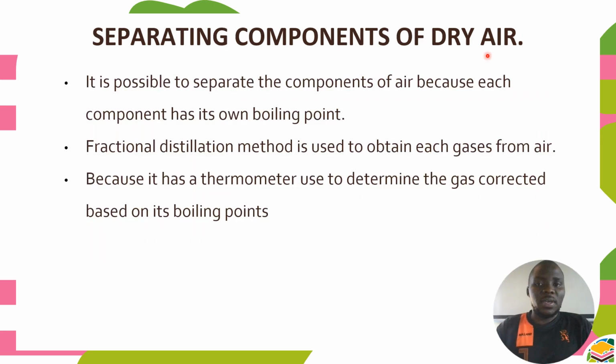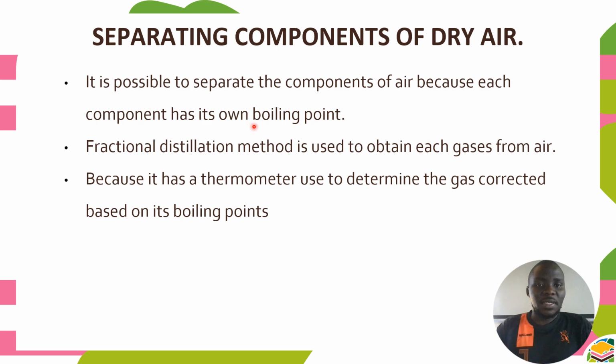Separation of components of dry air. When we're talking about separation, it means each component can be obtained from air. It is possible to separate the components of air because each component has its own boiling point. Let us focus on this one.